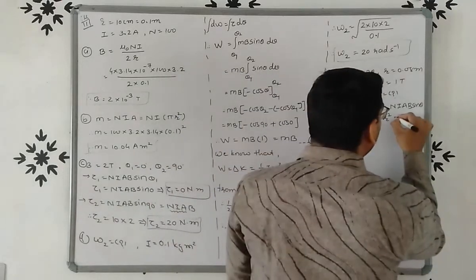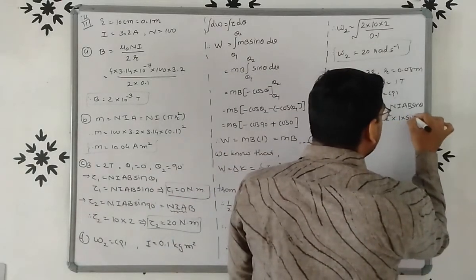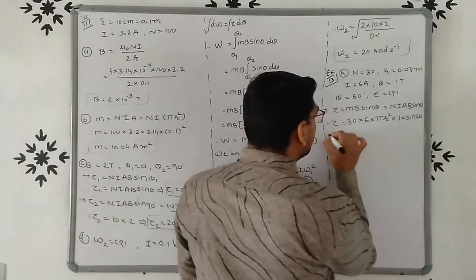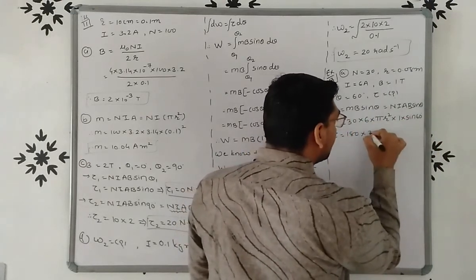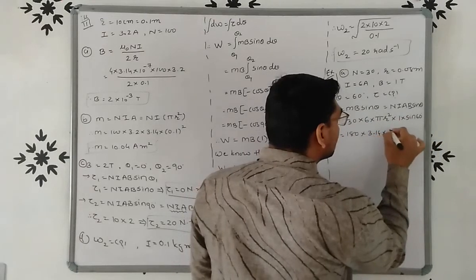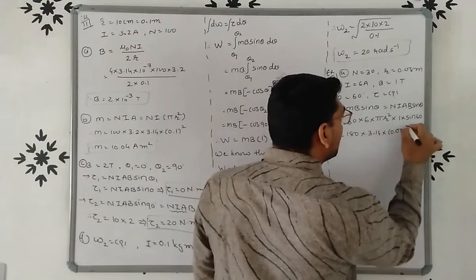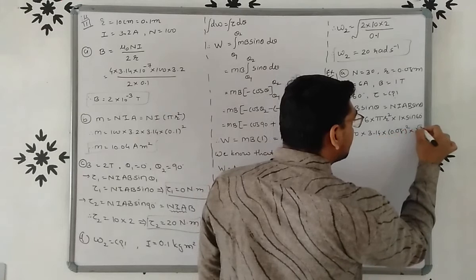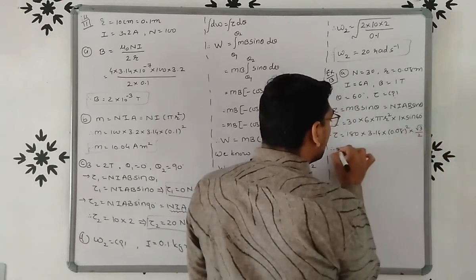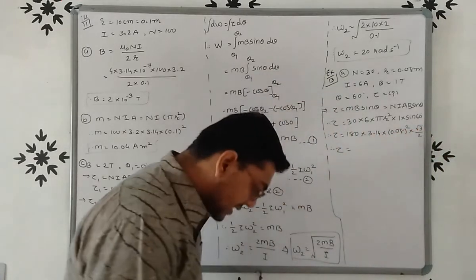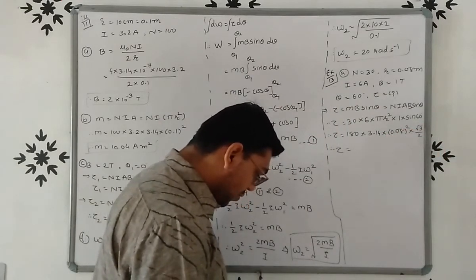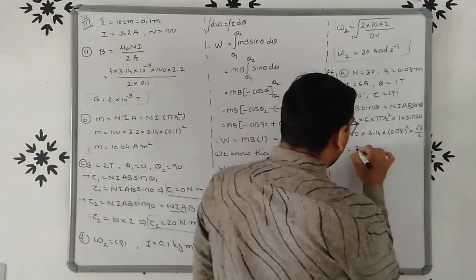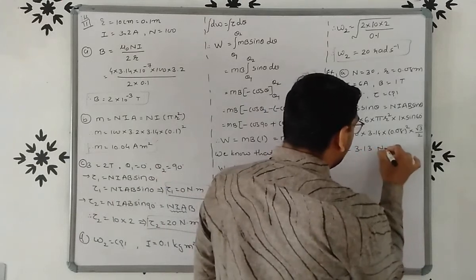B is 1, sin theta, that is sin 60. So tau is equal to 180 into pi, that is 3.14, r square 0.08 whole square. Value of sin 60, that is root 3 by 2. So if you solve this, then you will get torque tau is equal to 3.13 Newton into meter.